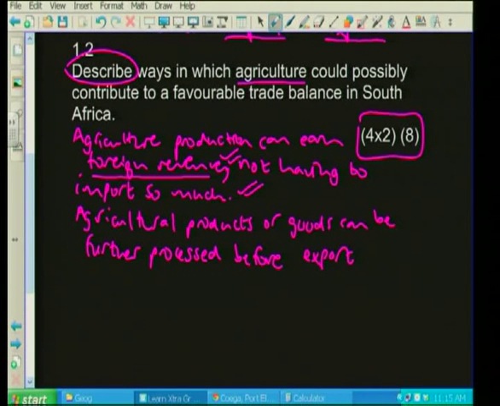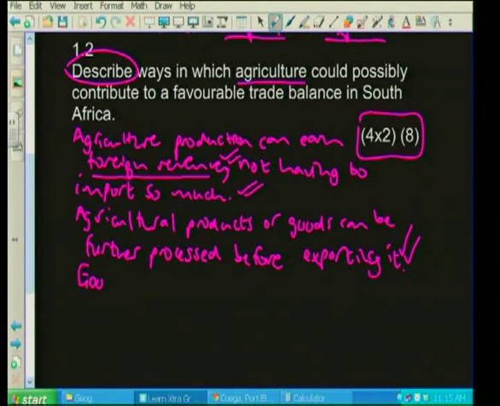So, 2 marks over there. Instead of just selling the corn, rather keeping it and tinning it and then selling the tinned corn, we can get more money for that than just selling the raw material, as it were.